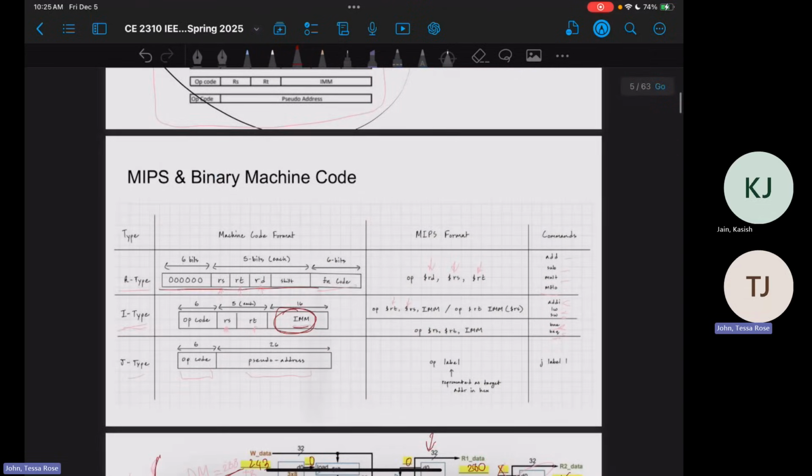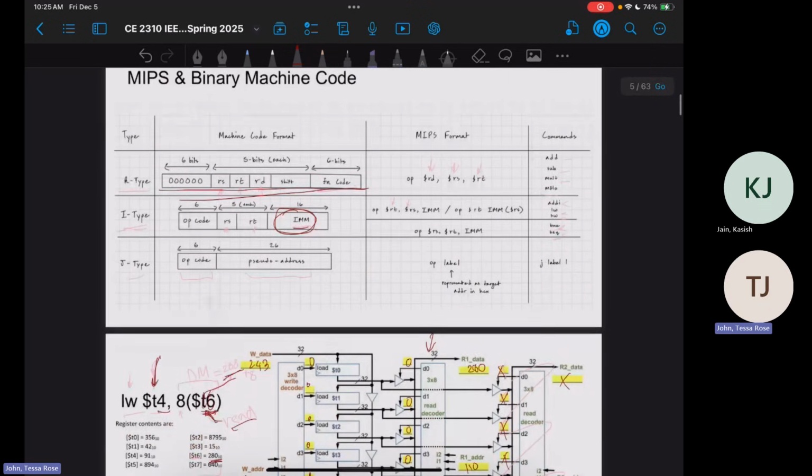So we're going to have a 6-bit opcode, RS, RT, RD, a shift, and then the 6-bit function code.